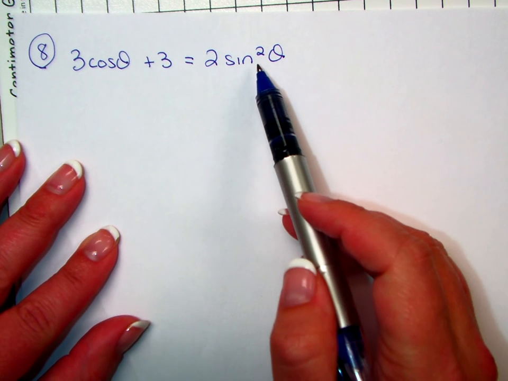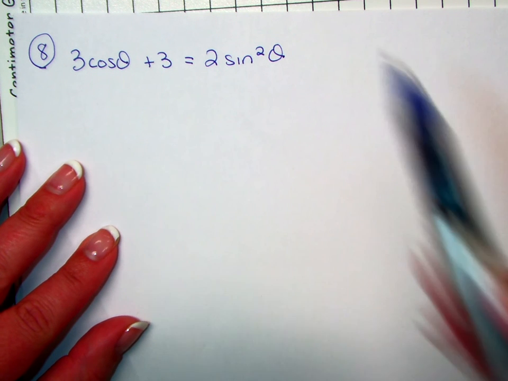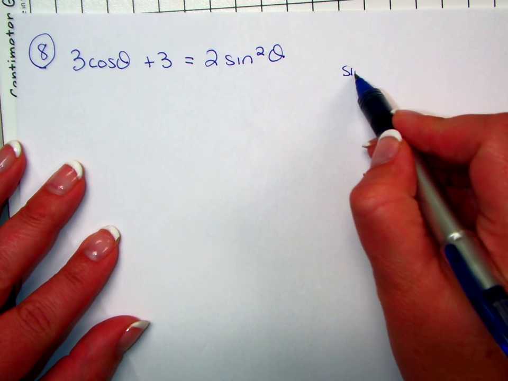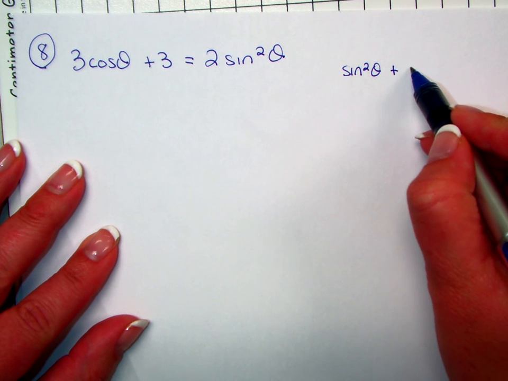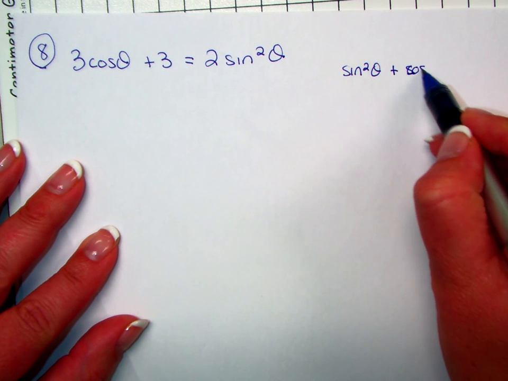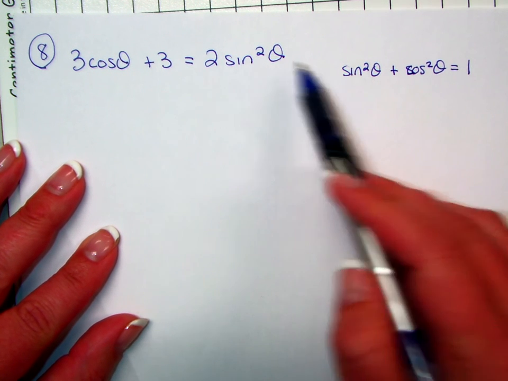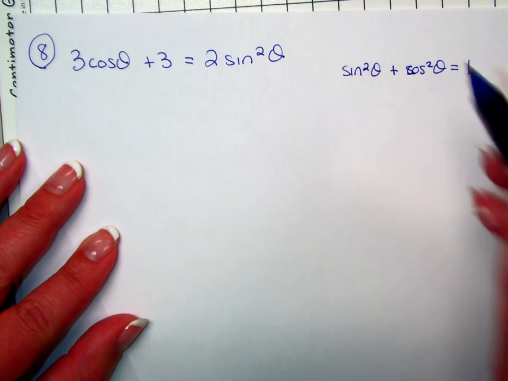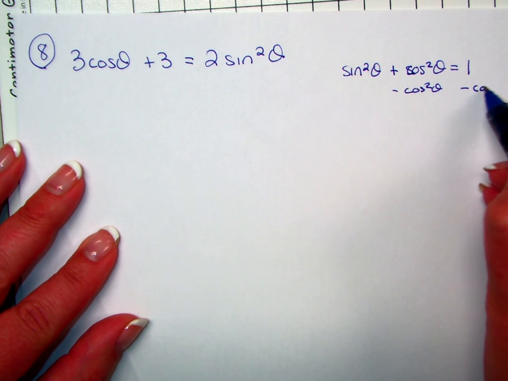Because there's a sine squared there, I can use a trig identity, because we have that really nice Pythagorean identity: sine squared plus cosine squared equals 1. If I wanted to solve for sine squared, I just need to subtract cosine squared from both sides.